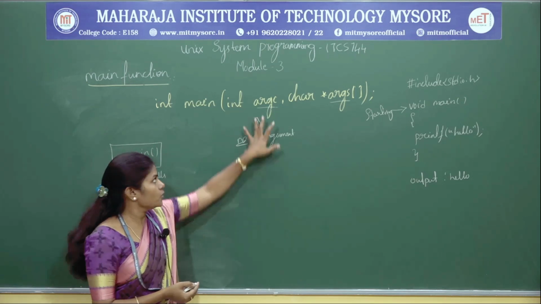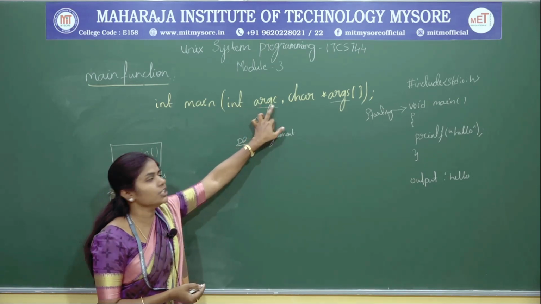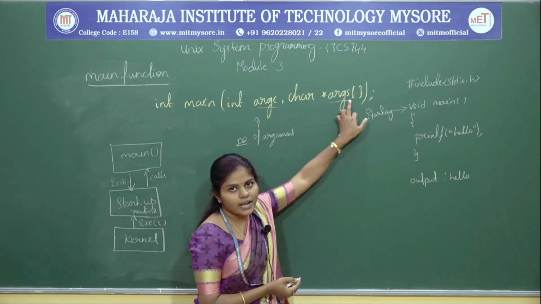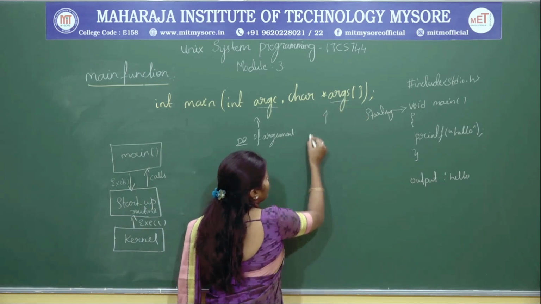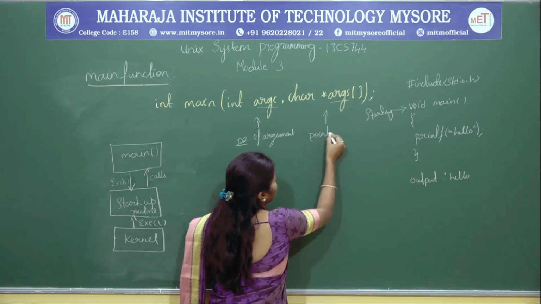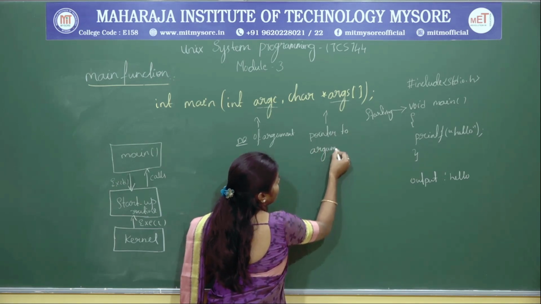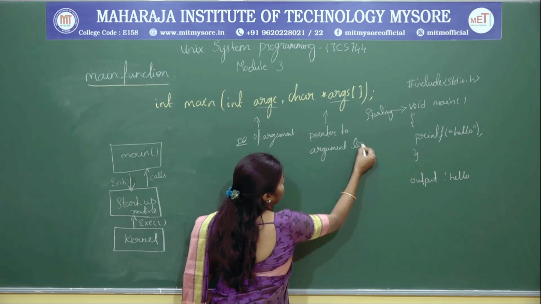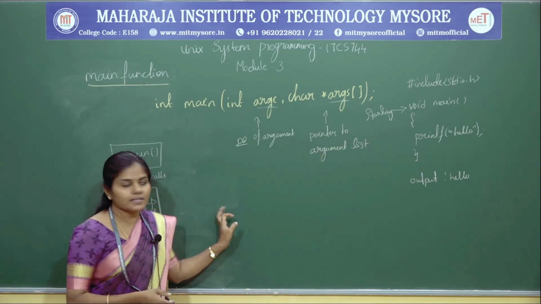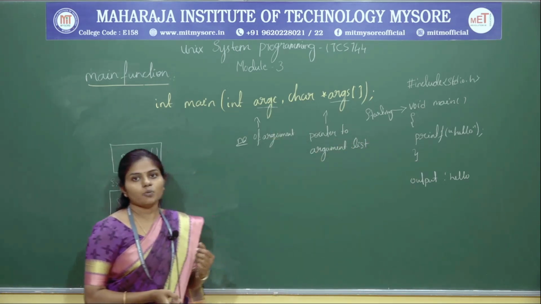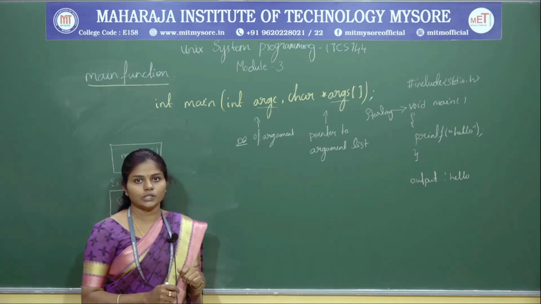Number of arguments is nothing but argc. Now args is nothing but a pointer to the argument list. So these are the two arguments the main function is going to take.